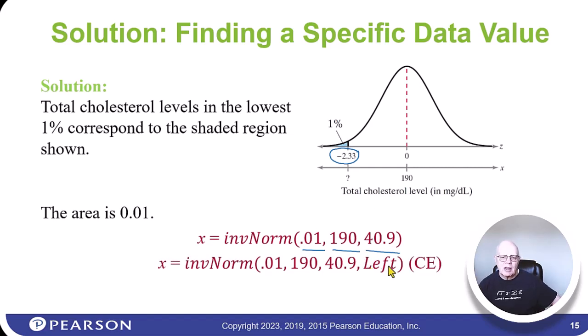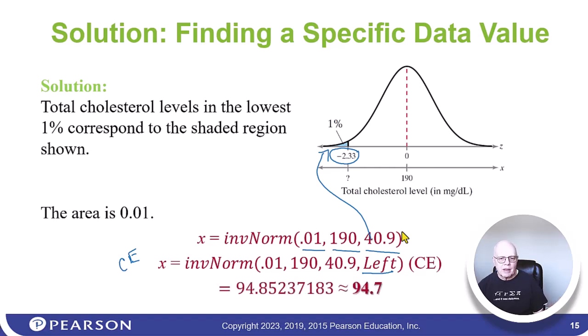If you're using the CE, then inverse normal still, 0.01, 190, 40.9, and we don't have to worry about whether it's on the right or left. You can just put in left and it's going to work the problem exactly the way we want. That means for that cholesterol level, it would be about 94.7 to be in the bottom 1%.